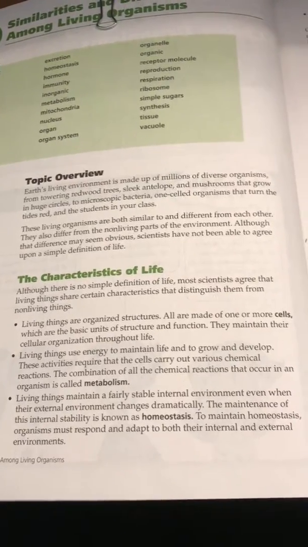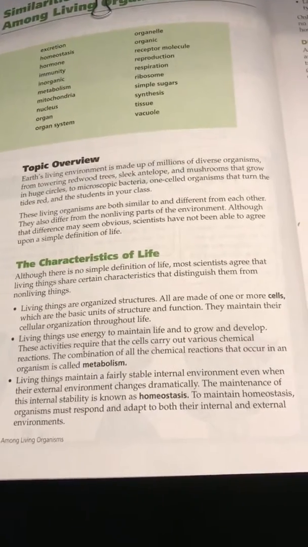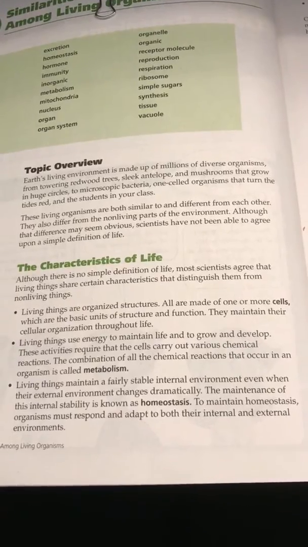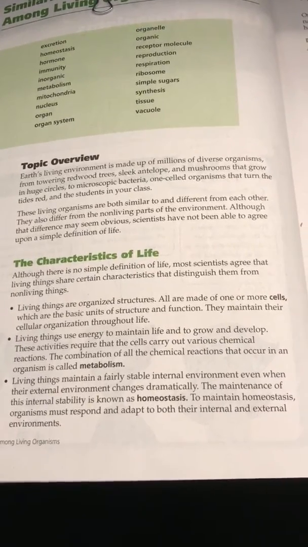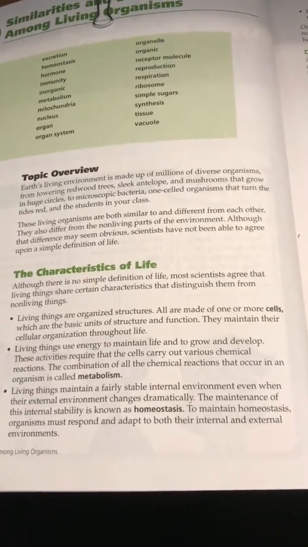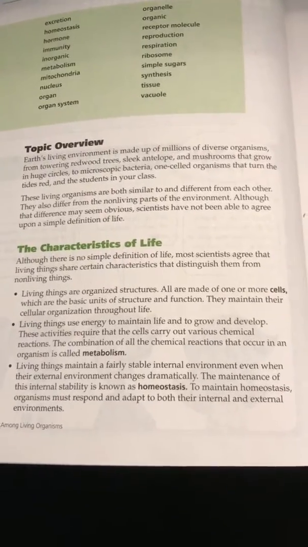They also differ from non-living parts of the environment. Although that difference may seem obvious, scientists have not been able to agree upon a simple definition of life, the characteristics of life. Although there is no simple definition of life, most scientists agree that living things share certain characteristics that distinguish them from non-living things.